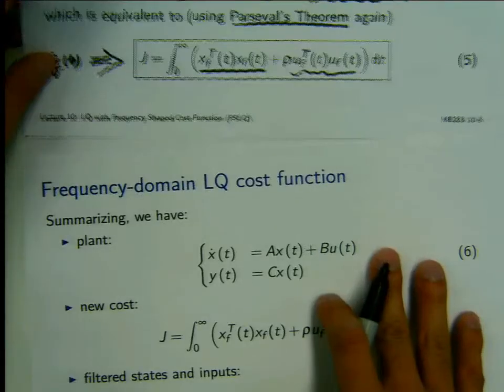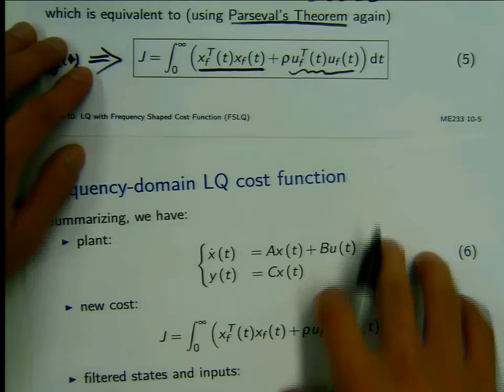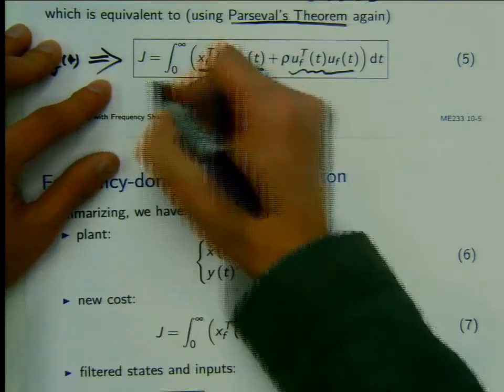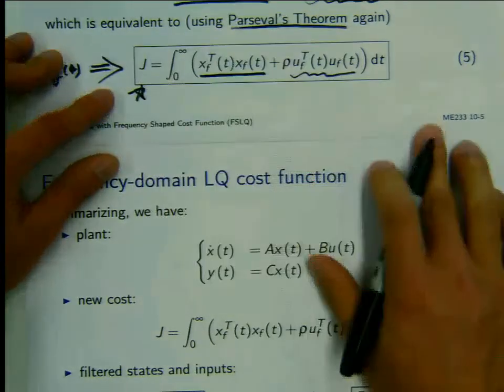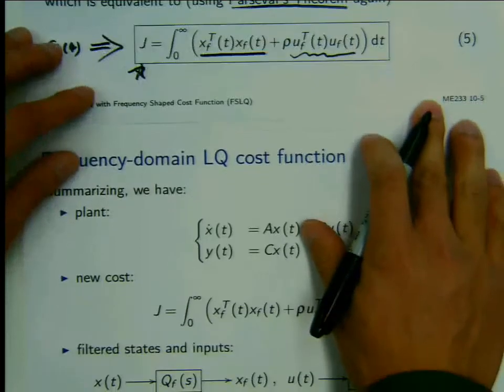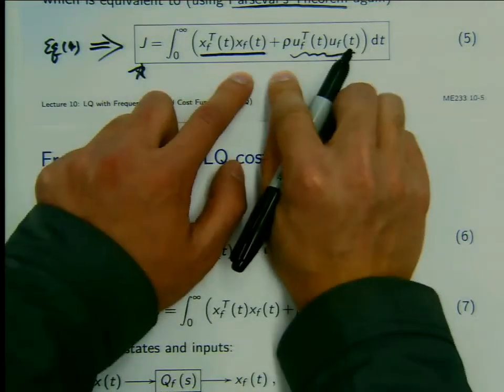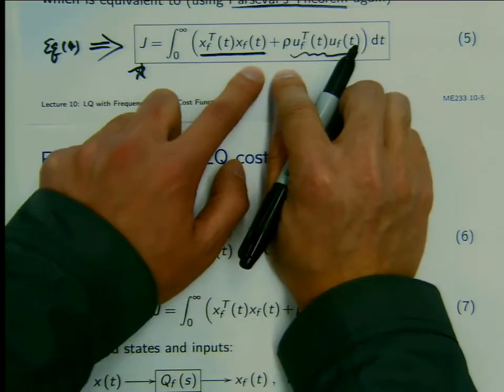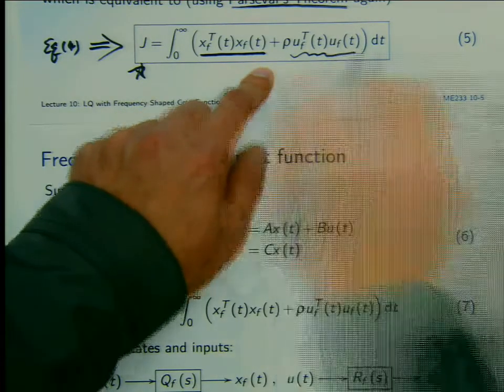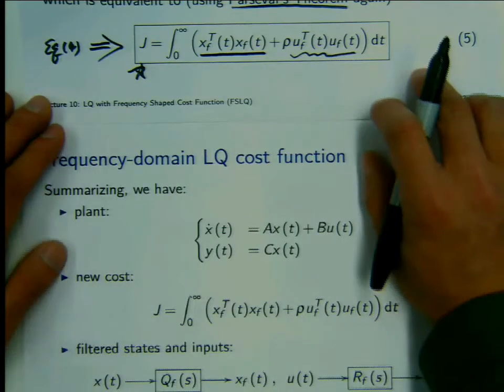Now, you can see this guy. Now, for the remainder part of the lectures, I'm just going to show you how this new LQ problem can be translated into a standard LQ problem, which we can know how to solve. Okay?